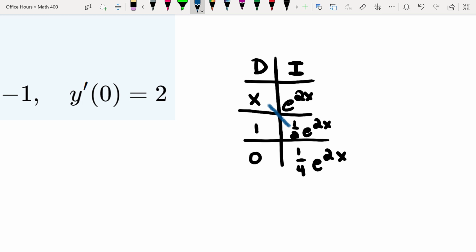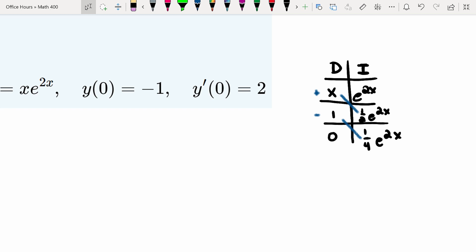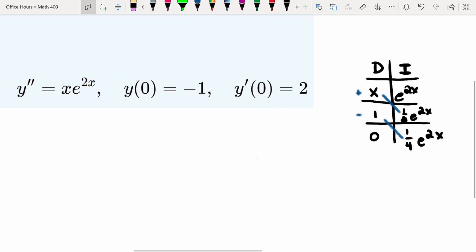You're going to take this diagonal, take the product, and put a plus sign in front of that product. And you're going to take the next diagonal, take its product, and put a minus sign in front of that. It's sort of like if you've taken linear algebra, computing a determinant, where you have that sign chart over your matrix as you're computing cofactors and doing the cofactor expansion.